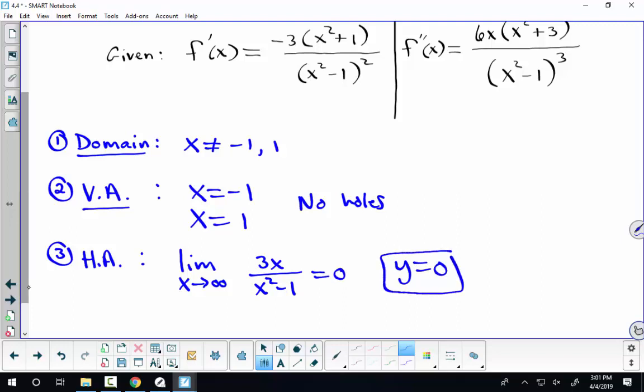So y equals 0 is our horizontal asymptote. For rational functions, you just need to look at leading term over leading term. So 3x over x squared simplifies to 3 over x, which approaches 0.